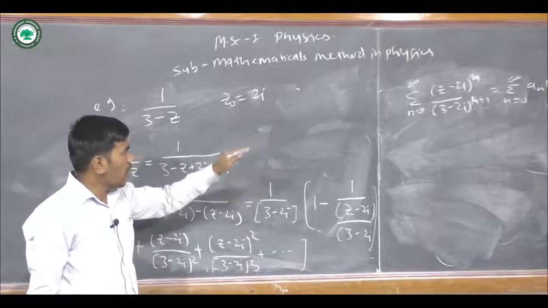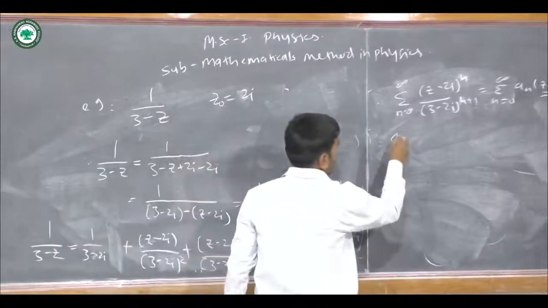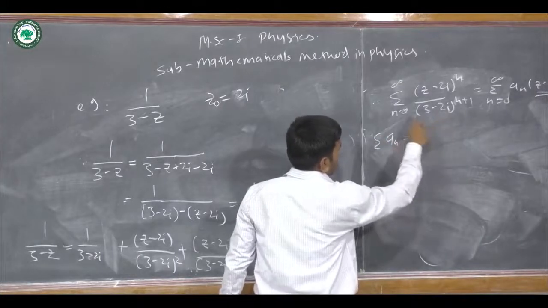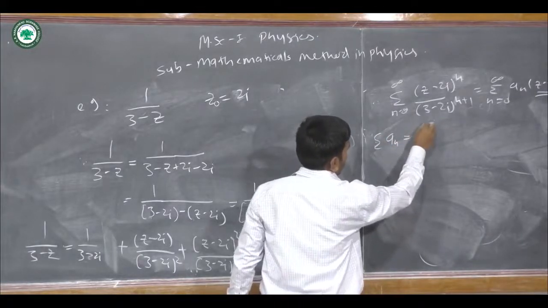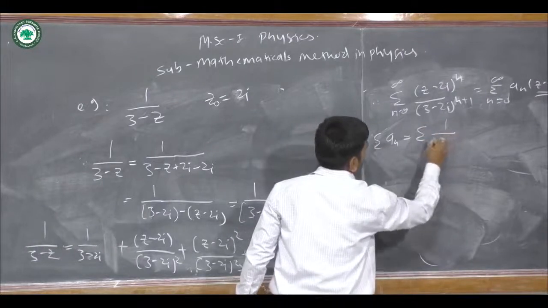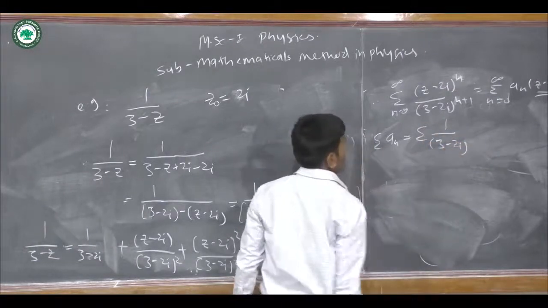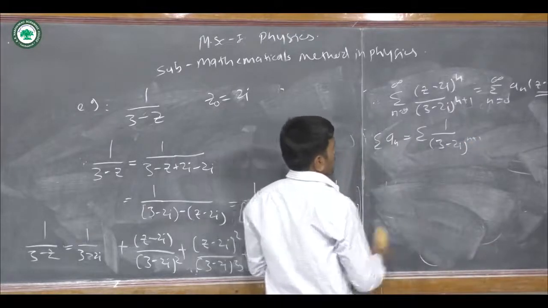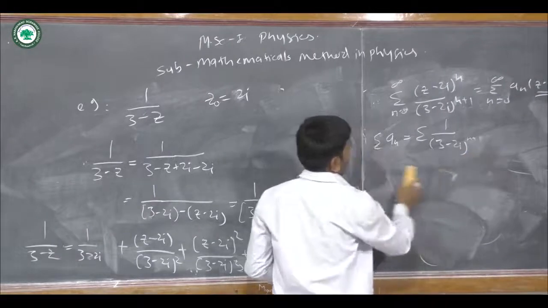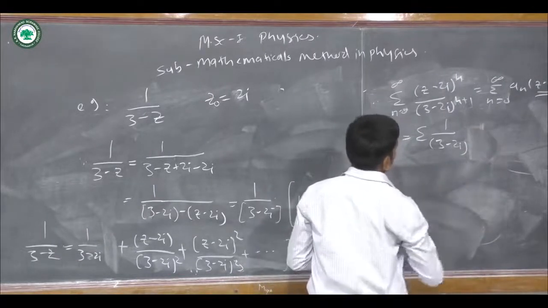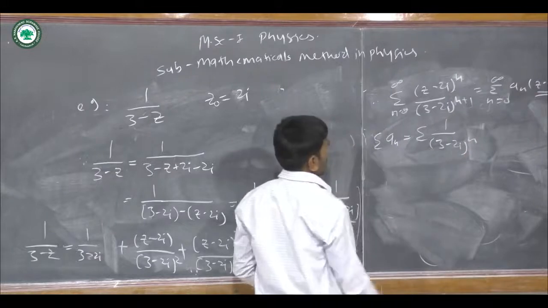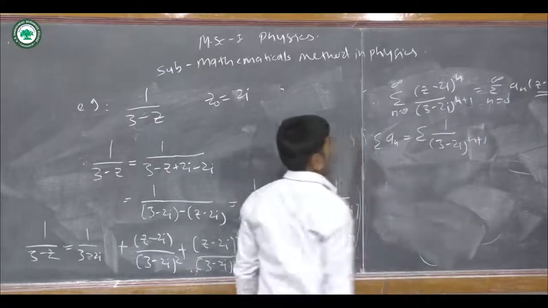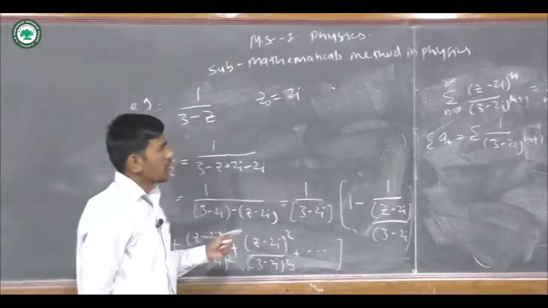And the coefficient a n, the characteristic coefficient, is equal to 1 divided by 3 minus 2i to the power n plus 1.